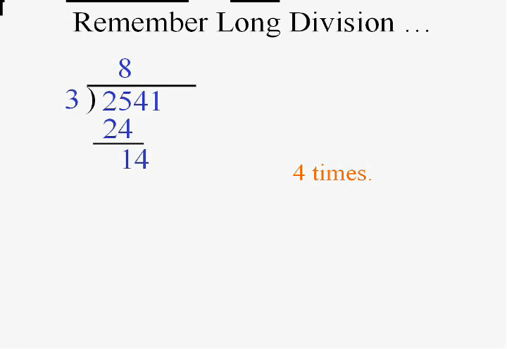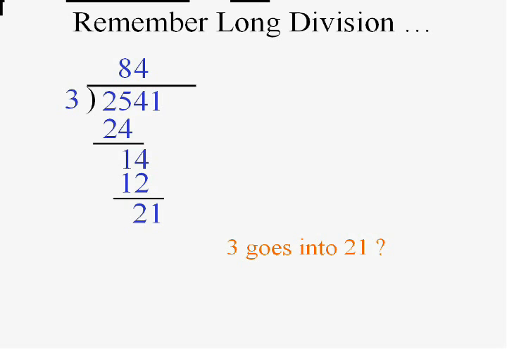So I write the 4, multiply 4 times 3, subtract, and I do have another digit, so I bring it down. And I start the process again.